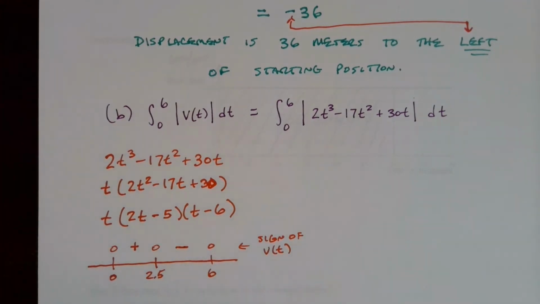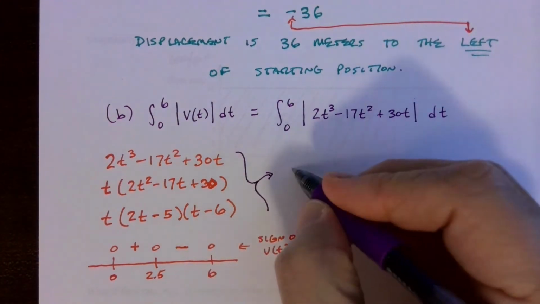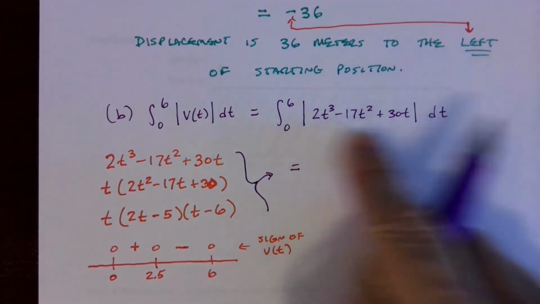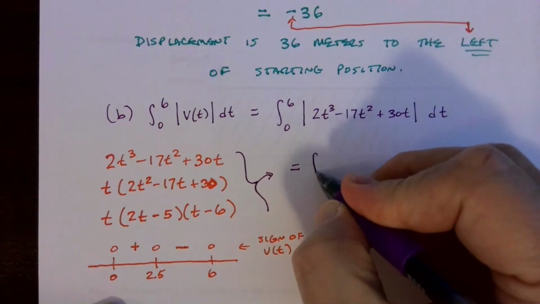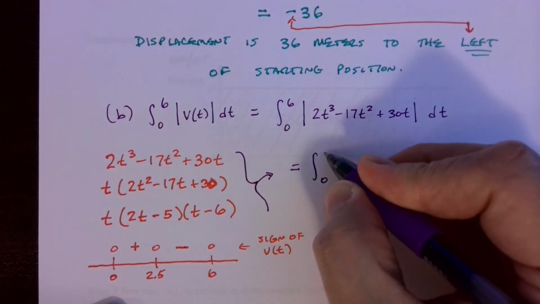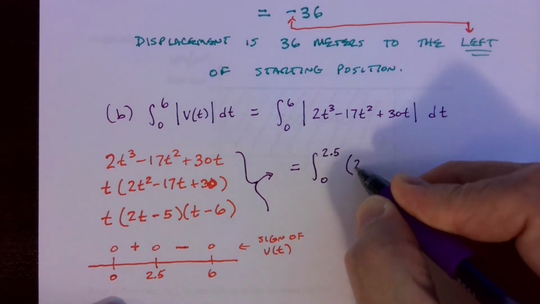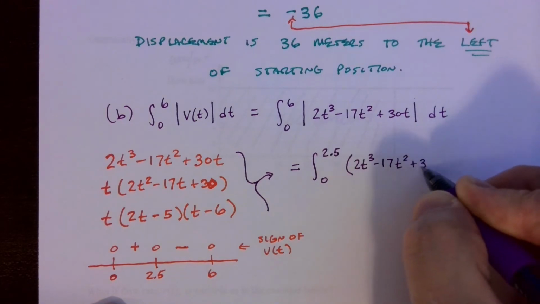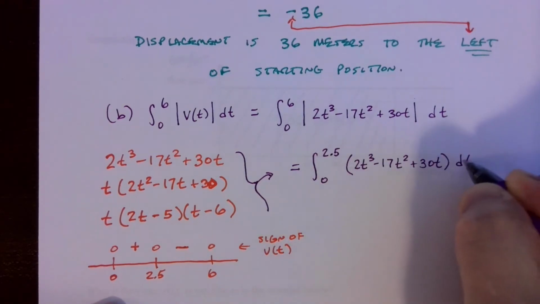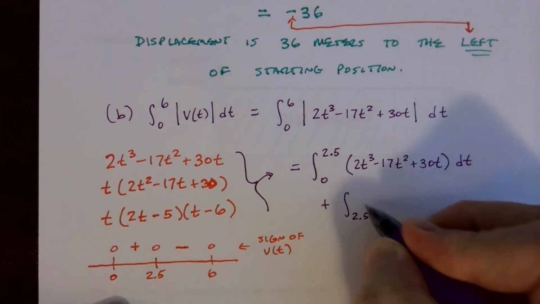Okay. So what does that mean if you really want to set this up? Then you'd have to break this integral up into these two pieces. From 0 to 2.5, since it's positive, the absolute value of the function is equal to the function. But then from 2.5 to 6, we'll add that interval.